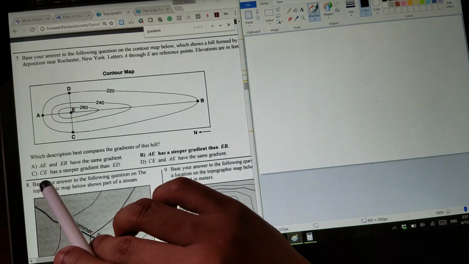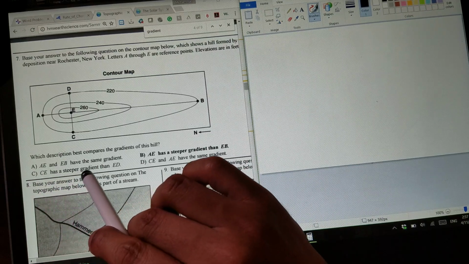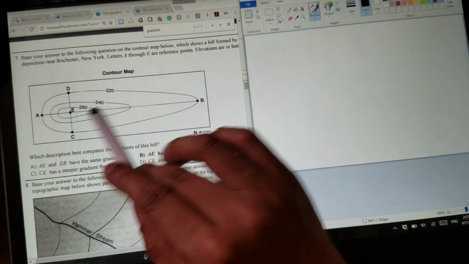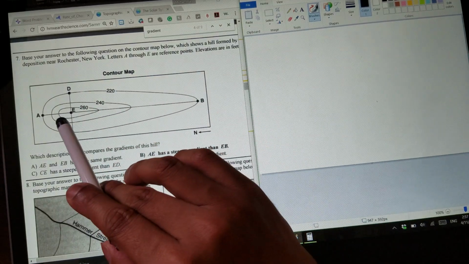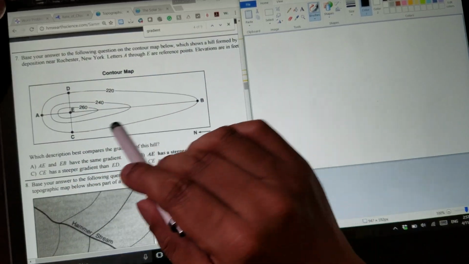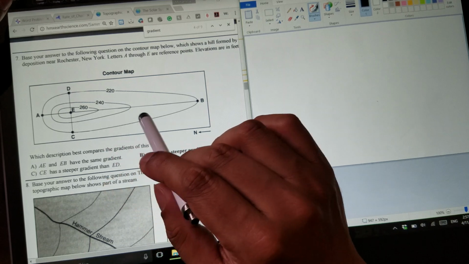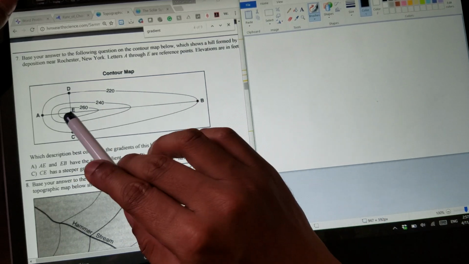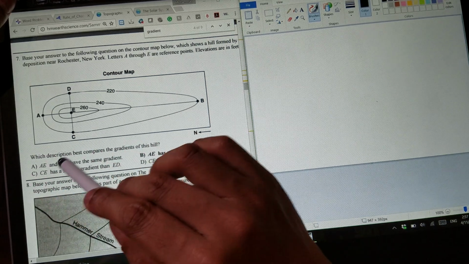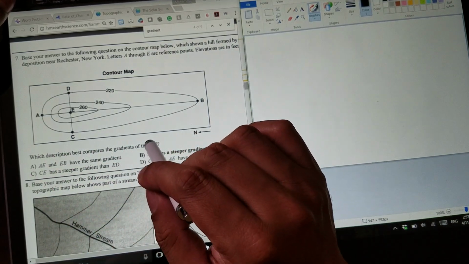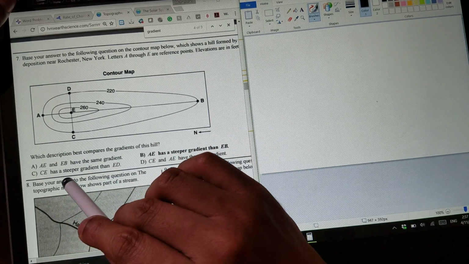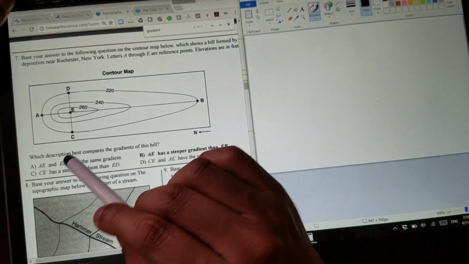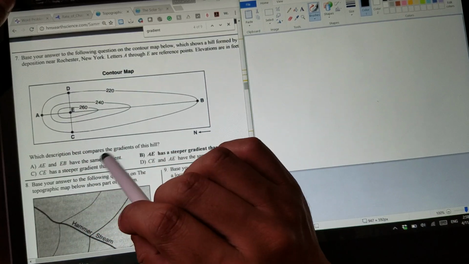Here the first choice is saying AE and EB have the same gradient. We can see AE and EB. First of all, they are not the same, because for EB, if you use distance, you know that this is very different from AE. So A cannot be right. Next, CE has a steeper gradient than ED. Now we are comparing CE and ED.